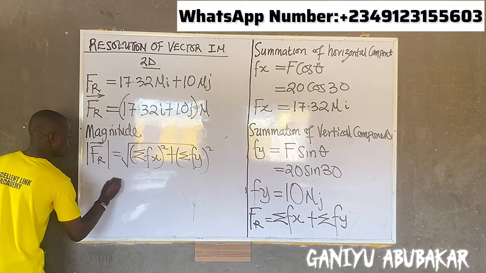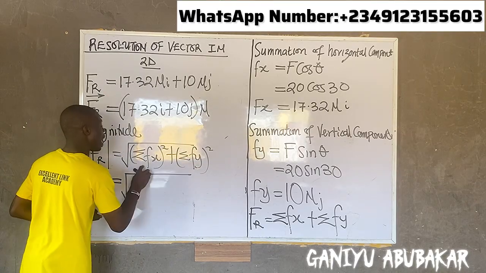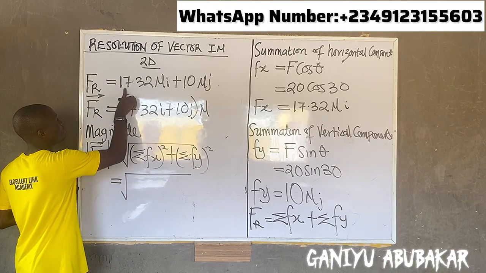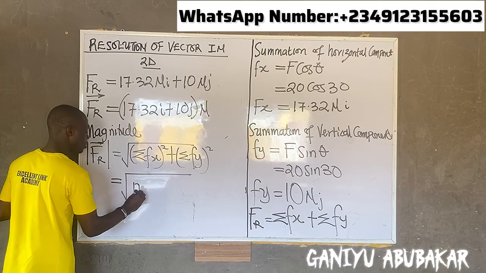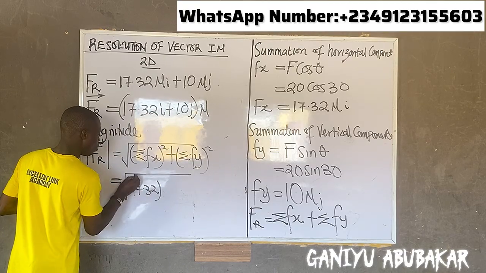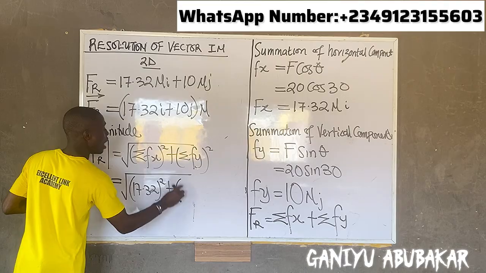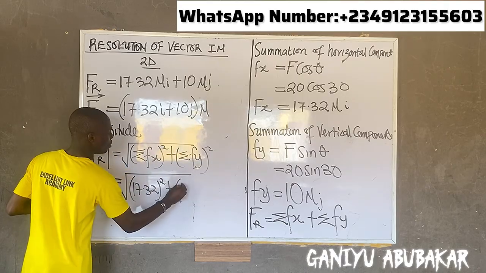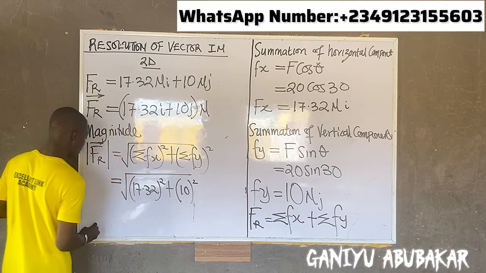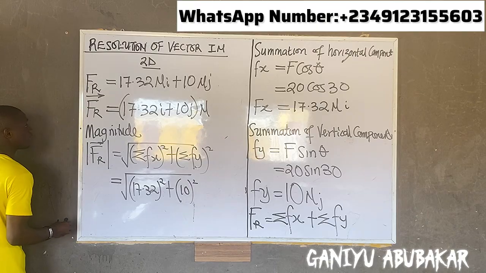This gives you the square root of F of x, this value, 17.32, all squared, plus F of y, this value 10, squared. Let's get the magnitude of F of r, that's the resultant force.